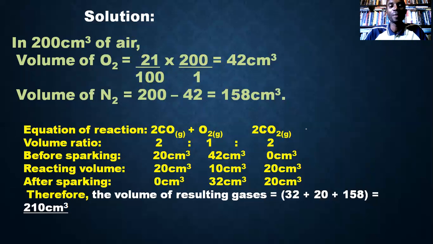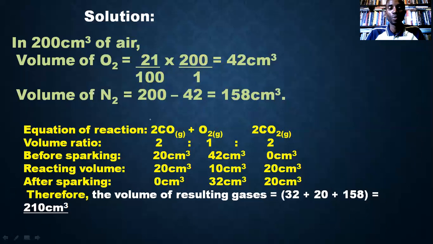That means 21 divided by 100 times 200, and you are going to have 42 cm cube volume of oxygen. Meaning that nitrogen will now be 200 minus 42, because air does not contain only oxygen, but nitrogen is also there.